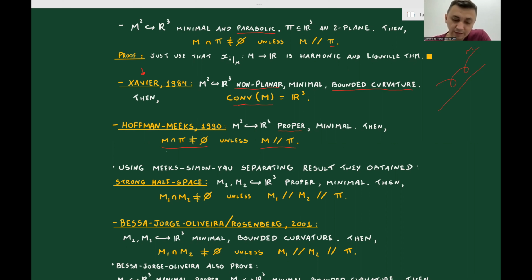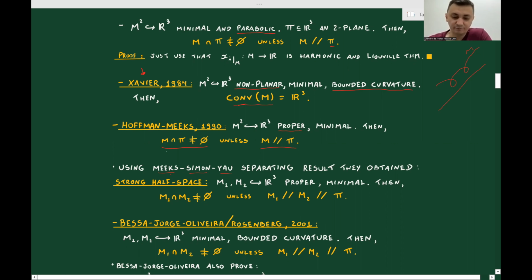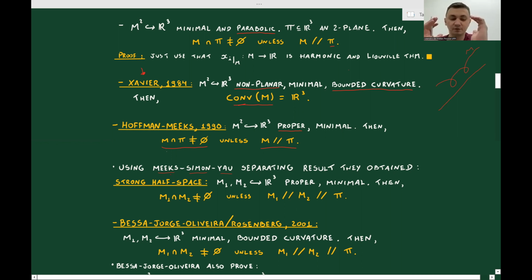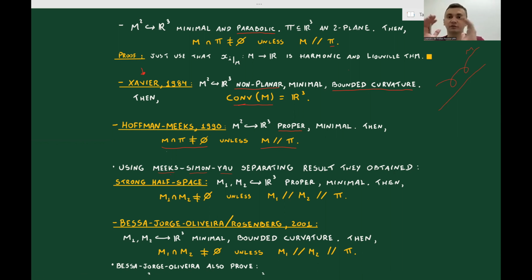So they employed a very strong result due to Meeks, Simon, and Yau, which we can think of like a separating result for minimal surfaces properly immersed in the Euclidean space. This result says that if you pick two minimal surfaces properly immersed in the Euclidean space, we have only three possibilities for the position of these surfaces.